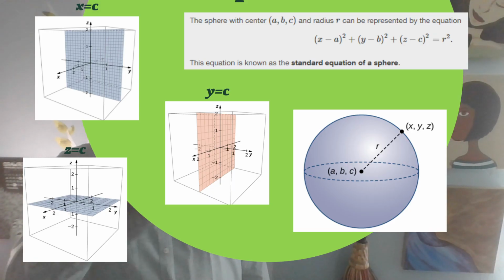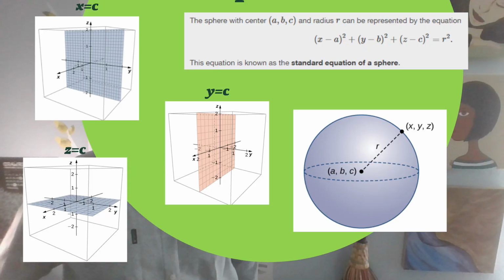Then you're essentially drawing curves that are going to be on the sphere because it has a fixed distance from the origin or from whatever you're holding on to. It could be the origin if a, b, and c are equal to 0. But if not, then you have a sphere that's centered somewhere else, wherever a, b, and c are centered. So it's good to remember the general standard equation of a sphere.